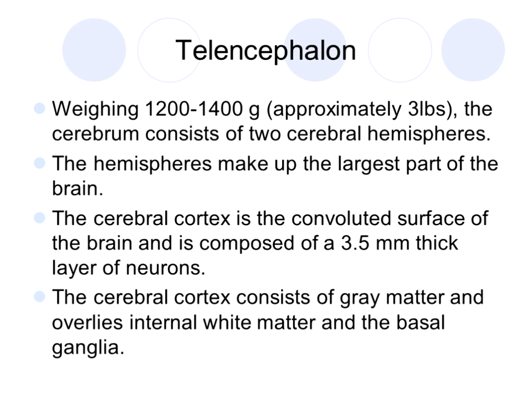The gray matter overlies the internal white matter and the basal ganglia. So the cerebral cortex is convoluted, and it does consist of layers of neurons. If it's gray matter, it's got to be the cell bodies. If it's white matter, it's the dendrites and the axons. Okay?